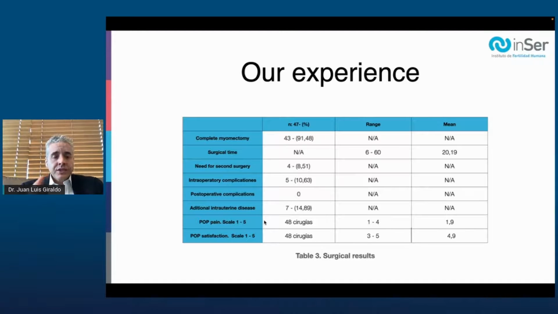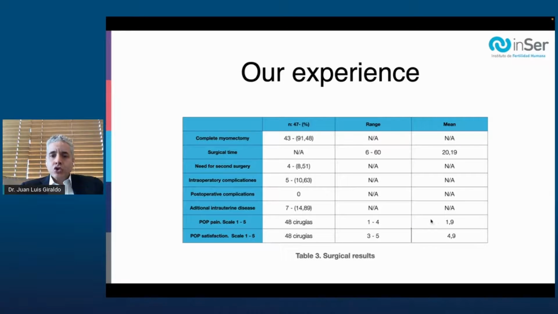And when we did the surgery, we did an interview with the patients with a scale to know their opinion on postoperative pain and postoperative satisfaction. In terms of pain, we had a scale of 1 to 5, being 1 no pain at all and 5 lots of pain.